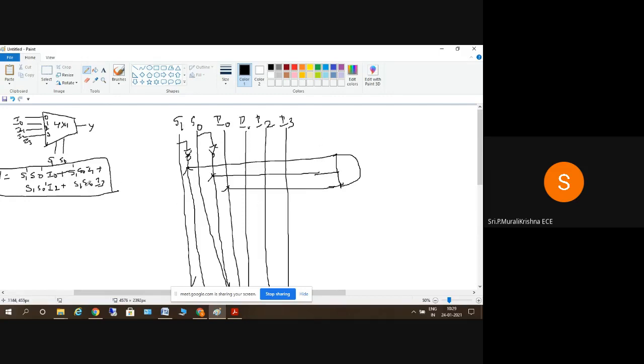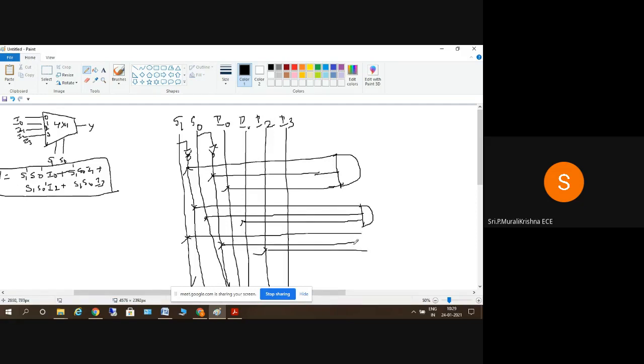Next, S1 bar, S0, I1 is given to the second AND gate, and S1, S0 bar, I2 to the third. There is a simpler way to draw the diagram, so you can make use of this technique.